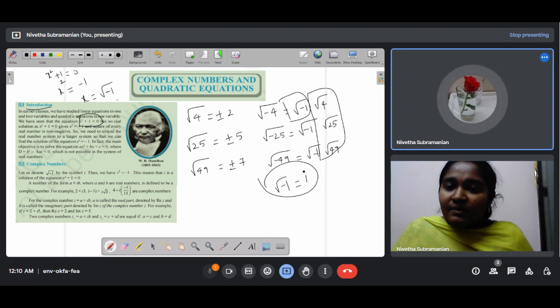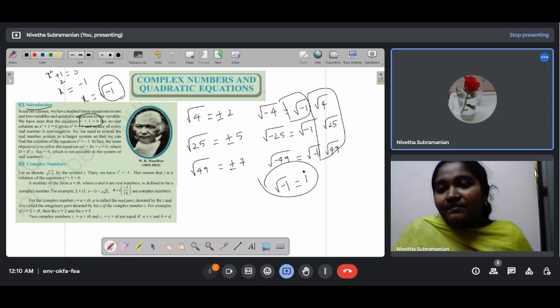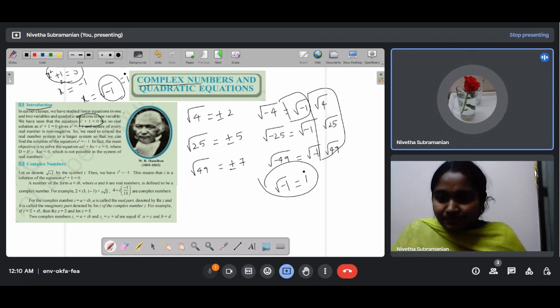So scientists decided to fix root of minus 1 as i. When they introduced that, this equation also will have a solution, but we don't have a real solution for this. We'll have a complex number solution for this. A complex number is nothing but the combination of a real number and an imaginary number.